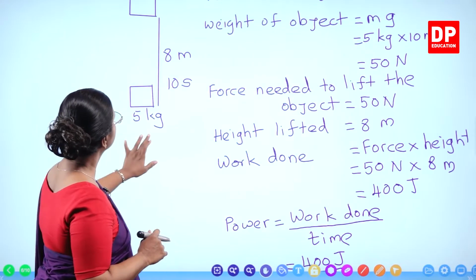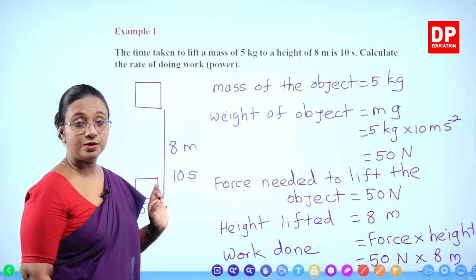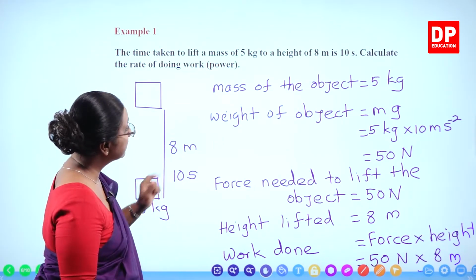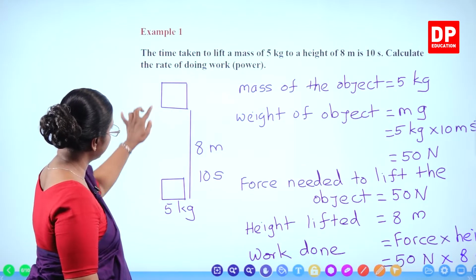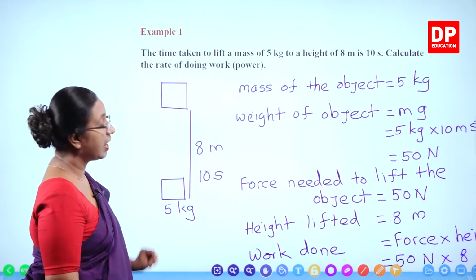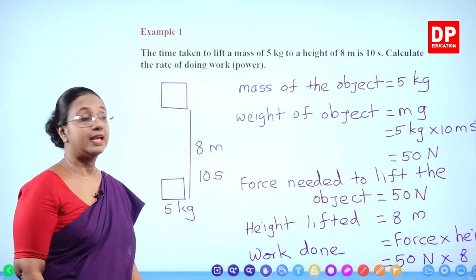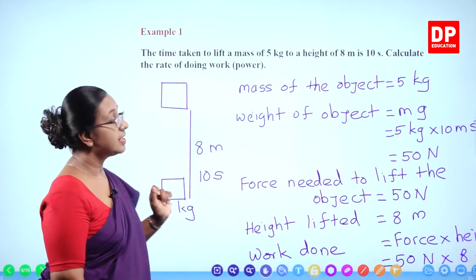If we look at the example again, the time taken to lift a mass of 5 kilograms to a height of 8 meters is 10 seconds. I have shown everything in the diagram. You all can see here, a 5 kilogram mass that is lifted to a height of 8 meters. It takes 10 seconds. So calculate the rate of doing work, that is power.